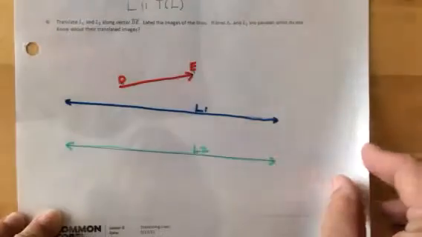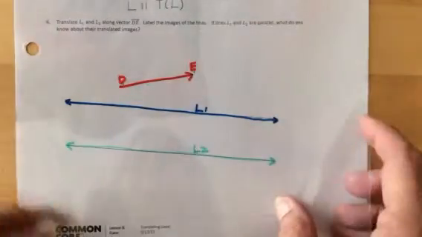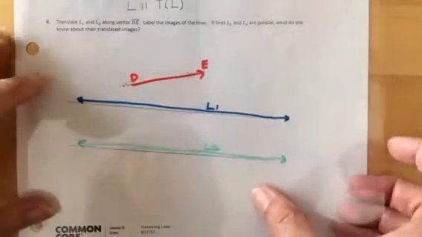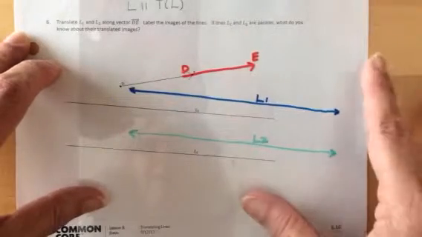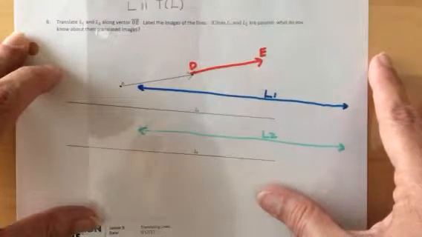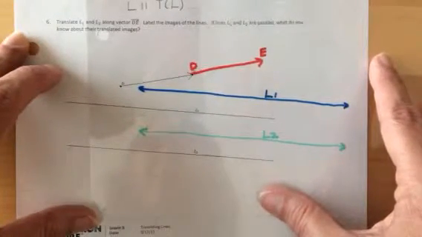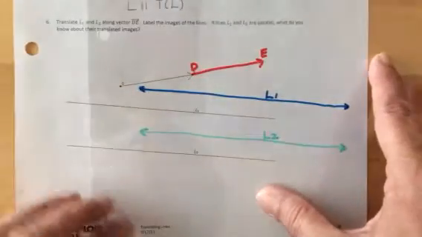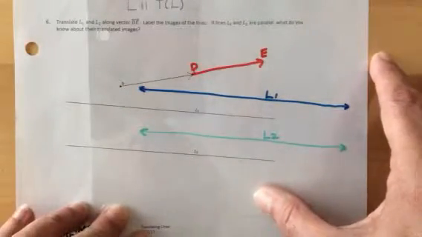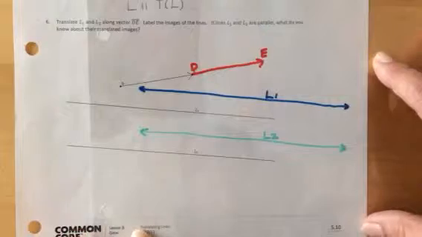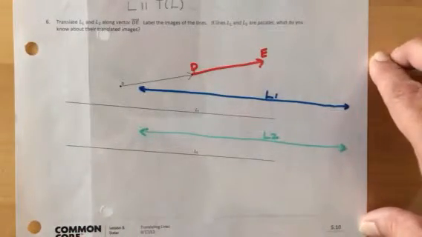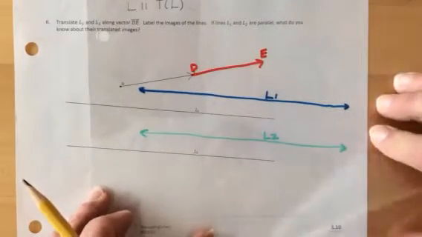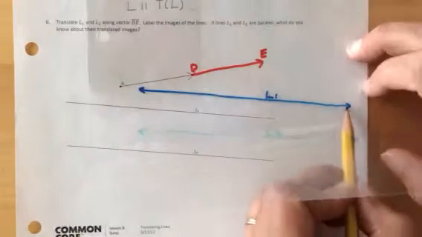So we can do this in one movement. So I'm going to slide D so that it coincides with E. And I'm going to try to make sure I did it along that line. Okay, so there are my images. So I'm just going to lift up my overhead and trace them.